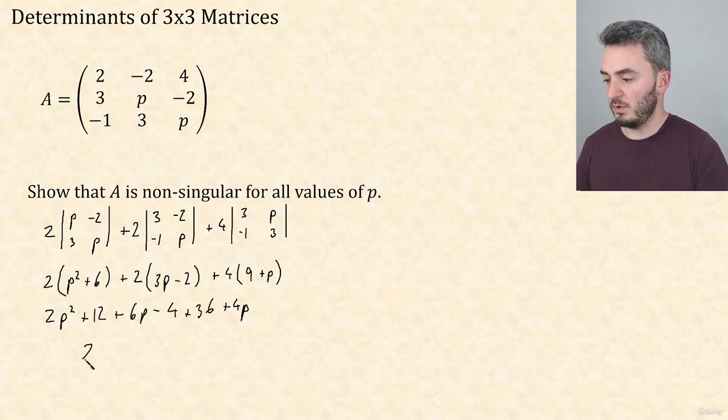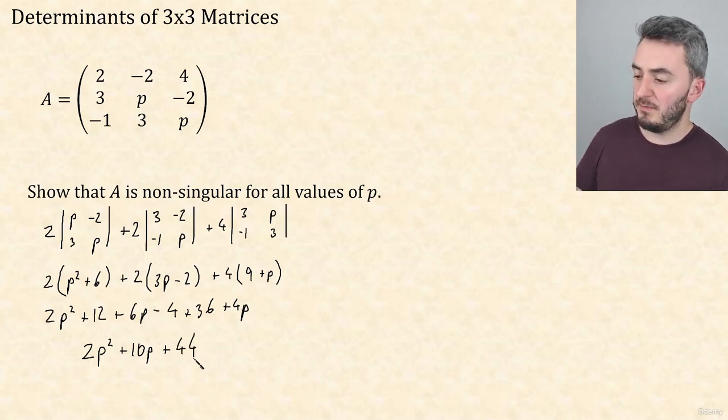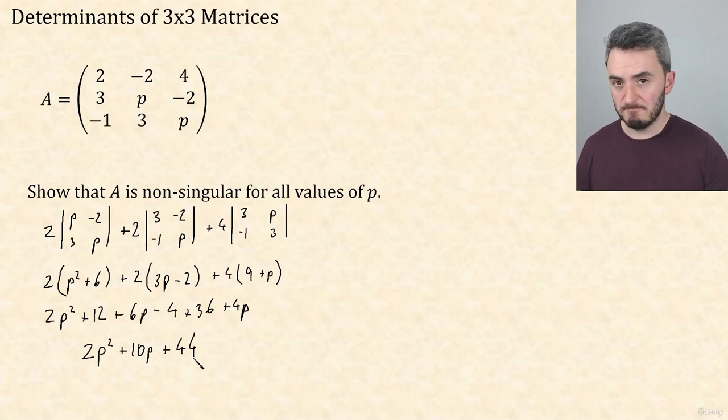Gathering everything up, we've got a quadratic. It's 2P squared plus 10P, and in total it's plus 44. Okay, so we need to show that that quadratic is never equal to 0.